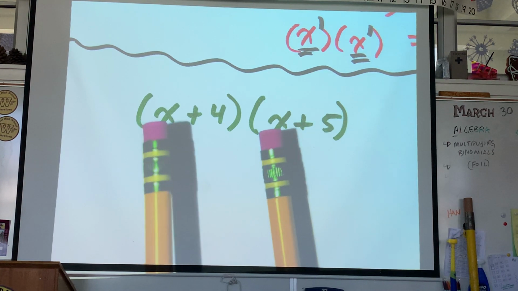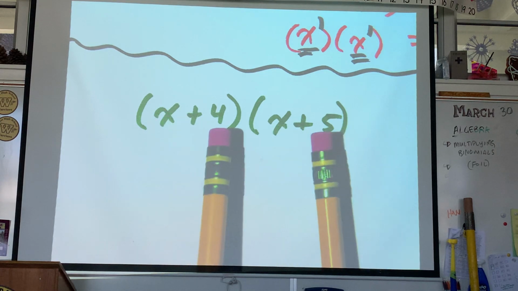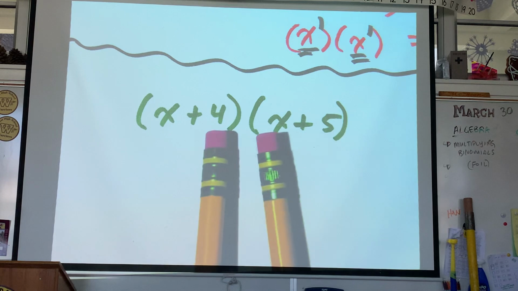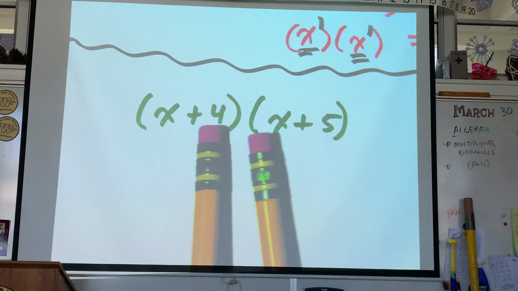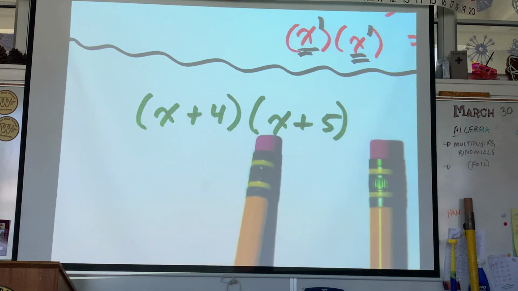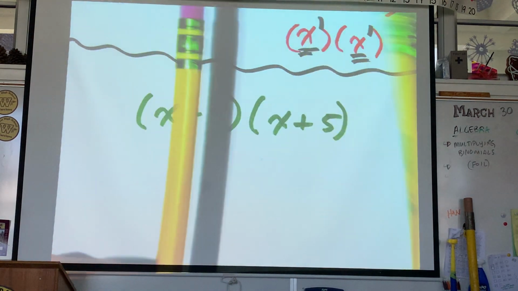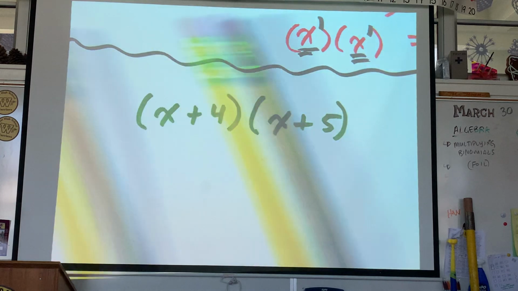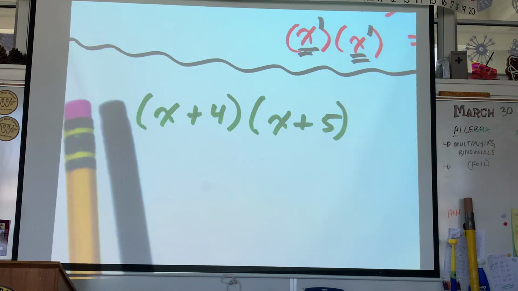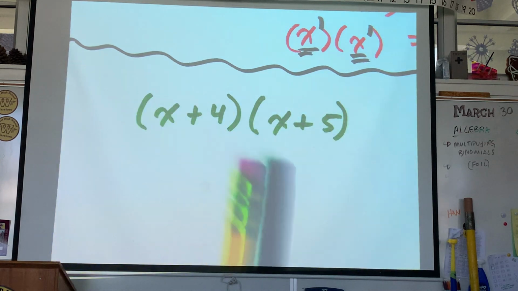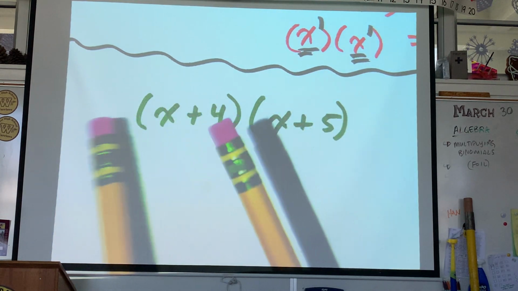Here's my example. First, last, first, last, outer, inner, first, last. It's called windshield wipers, guys, because when you're in the car, the windshield wipers go like this, and years ago it just dawned on me, wow, this is like windshield wipers when I'm doing this lesson.